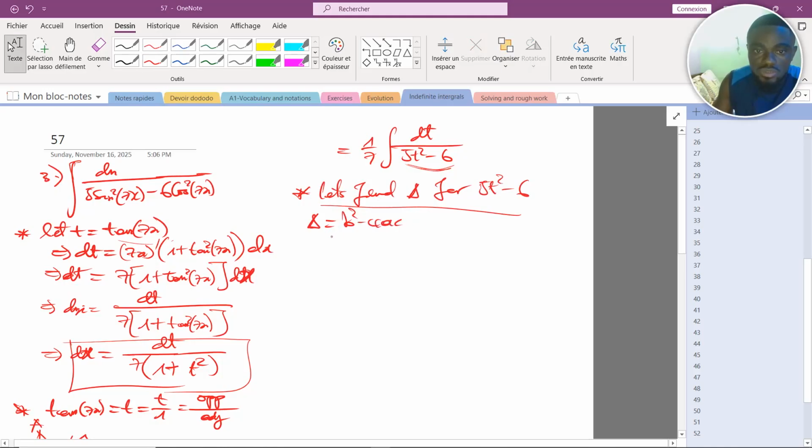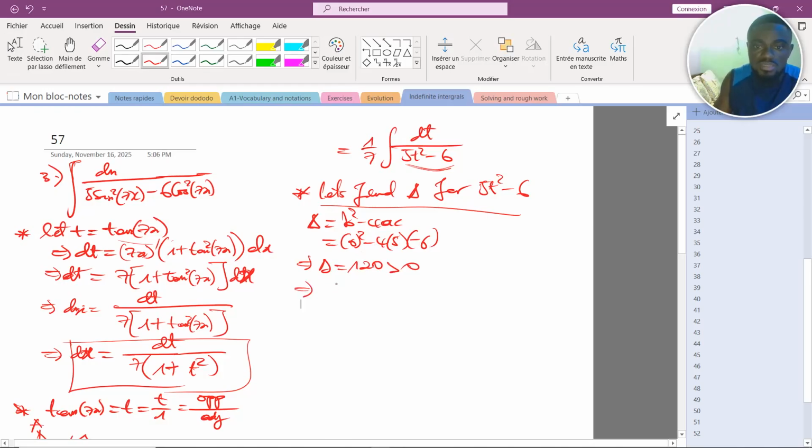Our b here is 0, so 0 squared minus 4 into a, which is 5, and c is minus 6. This is 0, and this and this will make plus. 6 times 5 is 30, times 4 is 120. That's our delta. We see that delta is greater than 0.